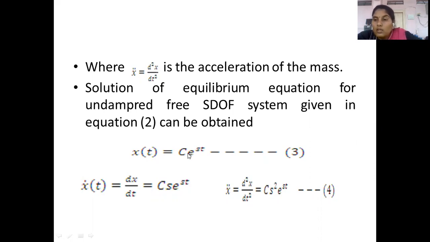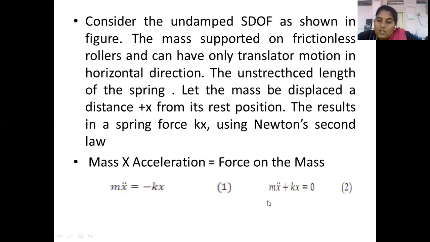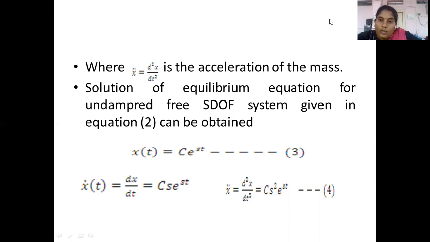That derivation is like this, and we'll find the solution when we get the value of C and the value of S. So by putting this value in the equation, mx double dot plus cx dot is equal to 0, where x is c into e raised to st, and x dot is nothing but the first derivative of x, that is dx by dt.